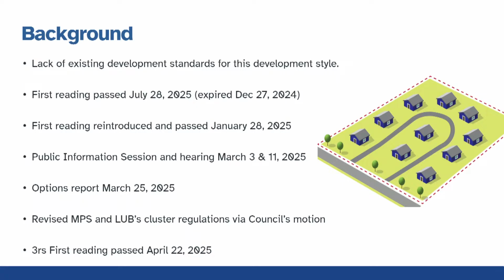Another first reading was reintroduced and passed on January 28th, 2025, and the public information session and hearing were done in March. Council requested that planning staff provide an options report, and staff provided a revised MPS and LUB for cluster development, which then followed a motion. The first reading passed on April 22nd.